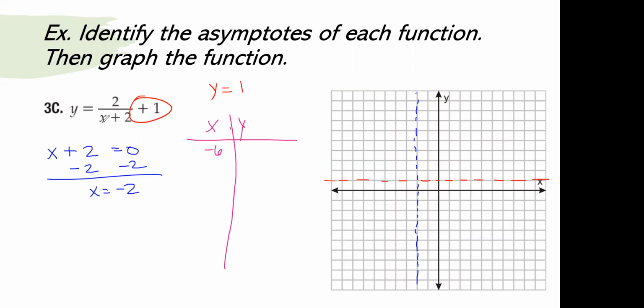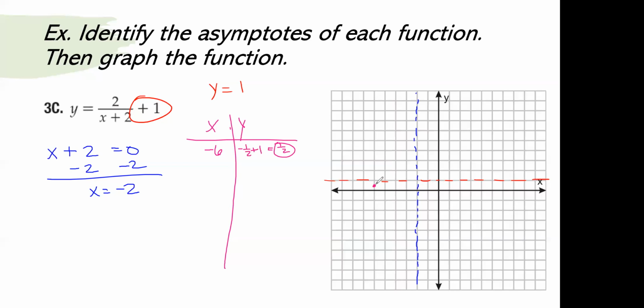So I've got negative 6 plus 2 would be negative 4. And then 2 divided by negative 4 would be negative 1/2. Okay, so negative 1/2 plus 1, I still have this plus 1, is equal to positive 1/2. Okay, so when x is negative 6, 1, 2, 3, 4, 5, 6, y is positive 1/2.